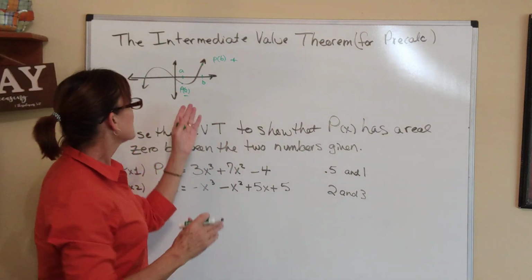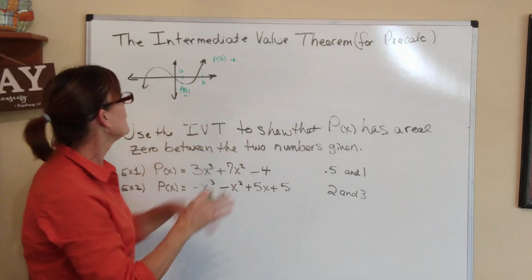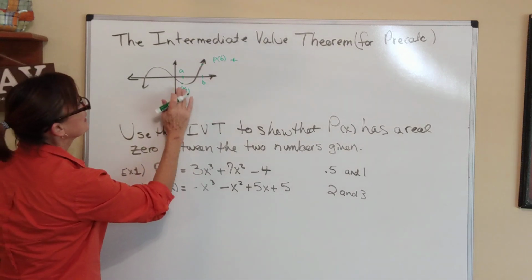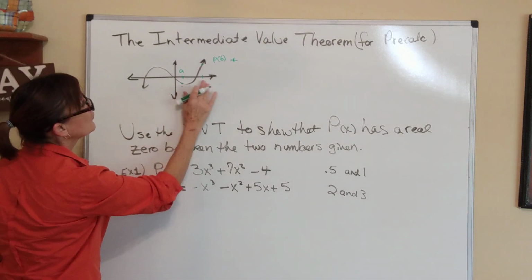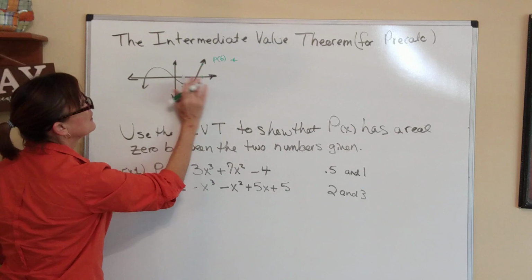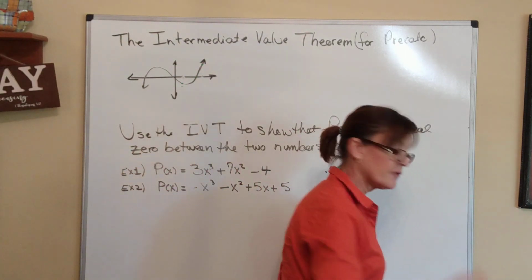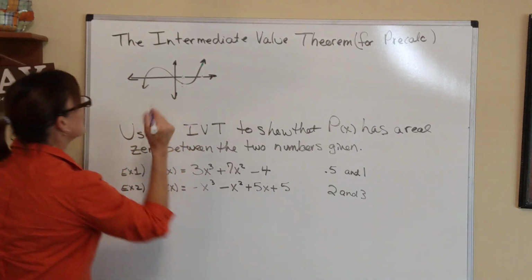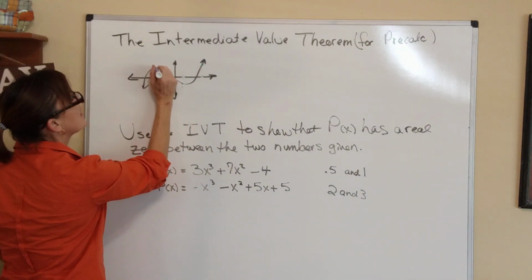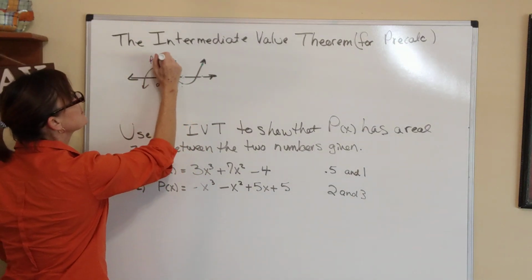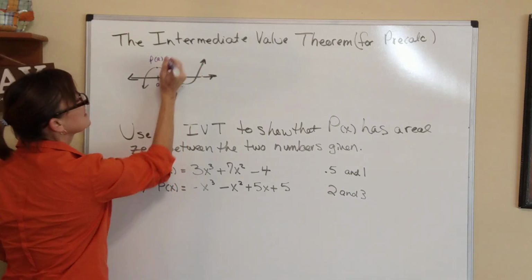So, does it have to go from negative to positive? No, absolutely not. We can look over here. What if we have a polynomial function, and then we can find some x value for which the y value lands here, and this guy's positive.